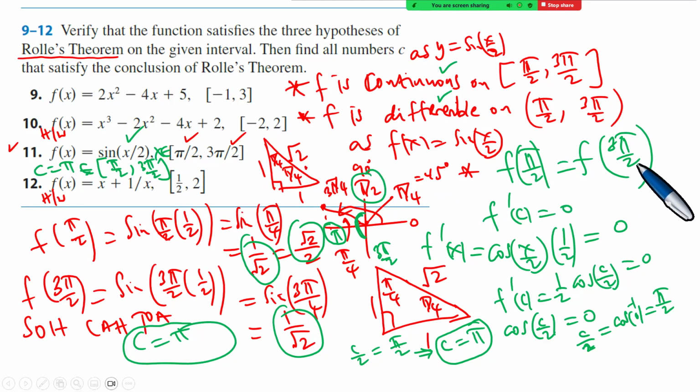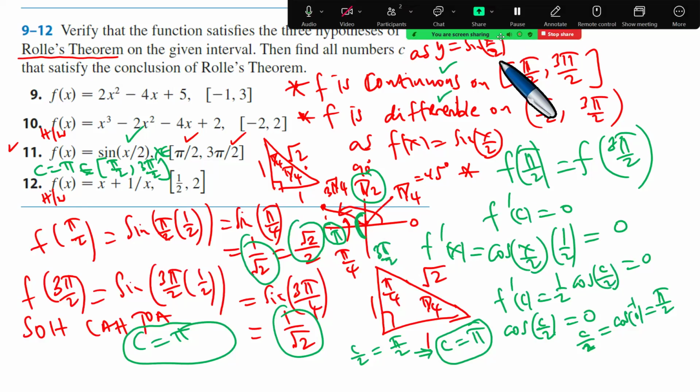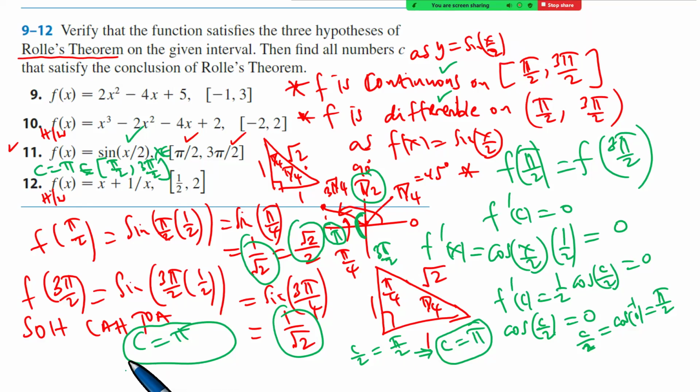So this function is equal at the endpoints of the closed interval. There it is. Then if these three conditions hold true, we can find our c. Our c is pi, the intermediate angle between pi over 2 and 3 pi over 2. We're good.